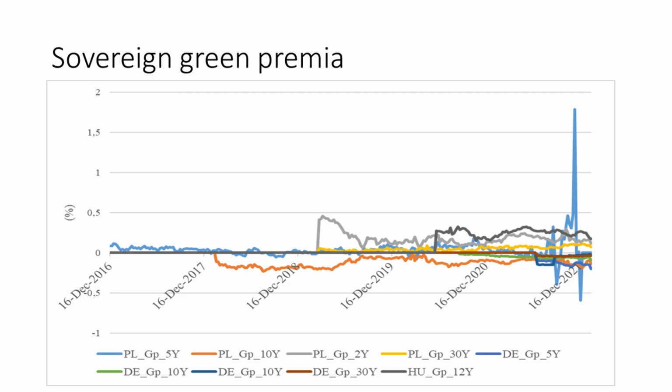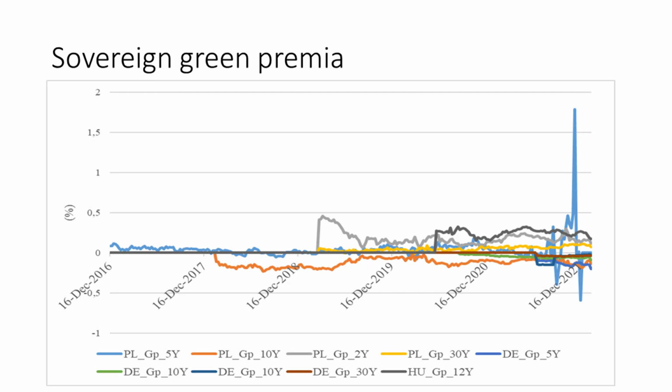And we can see the premium in the case of the yields, and this is quite disturbing. If we look at the graph, I cannot see anything. So what is happening if we compare the similar maturity green bonds with the similar maturity non-green or traditional bonds?